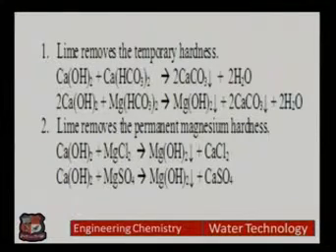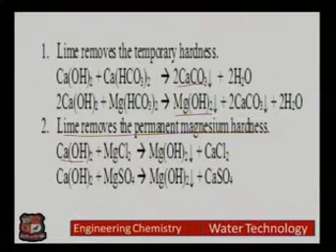Temporary hardness, as we have already discussed, is due to bicarbonate salts like calcium bicarbonate and magnesium bicarbonate. When lime reacts with them, these get converted into CaCO3 and Mg(OH)2, which are nothing but the precipitates. In the same manner, lime removes the permanent magnesium hardness.